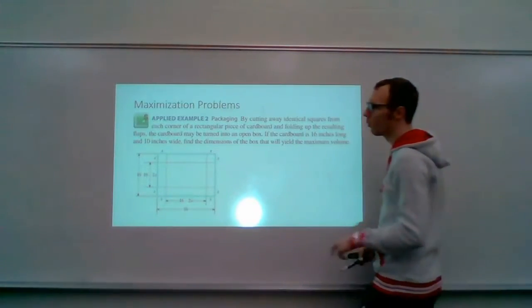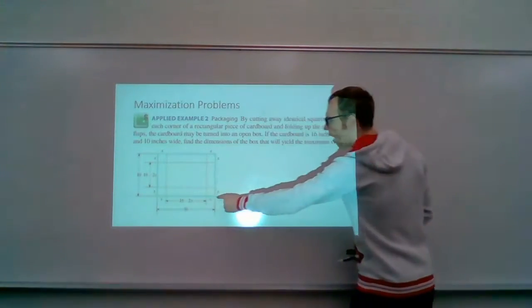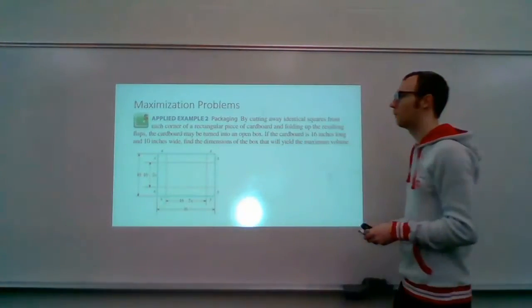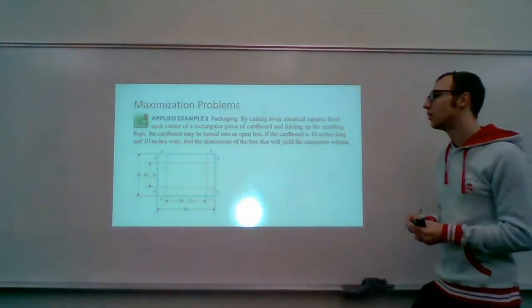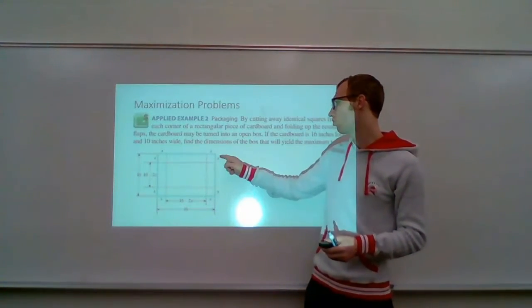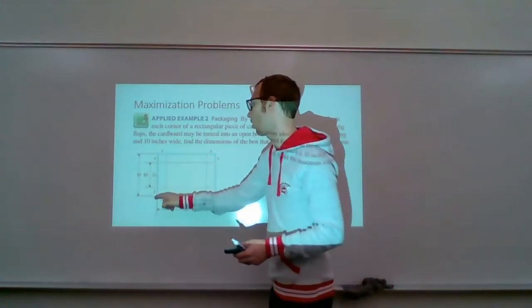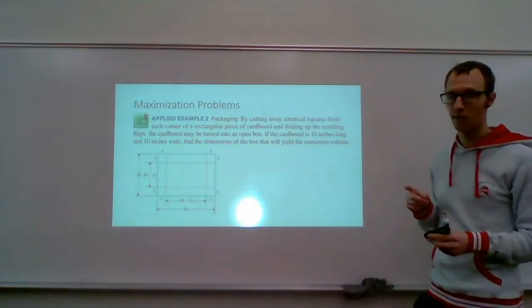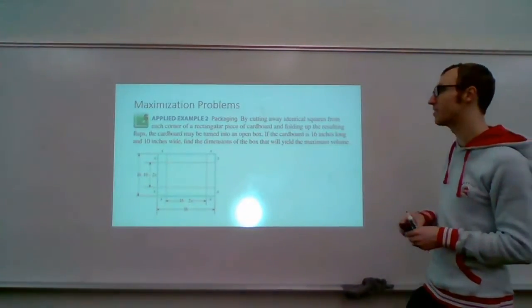The entire cardboard is 16 feet wide, 10 feet tall. But we cut out x by x squares in each corner. That's the idea, that we're cutting away identical squares from each corner. So each of them is x by x.